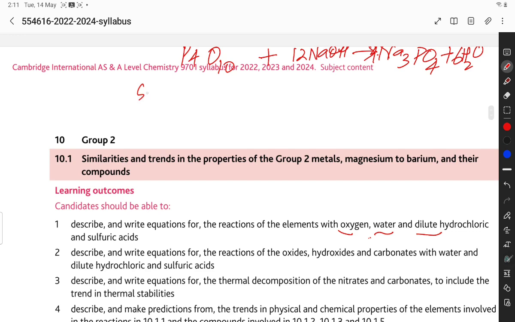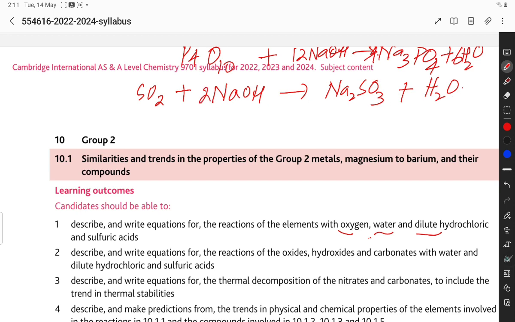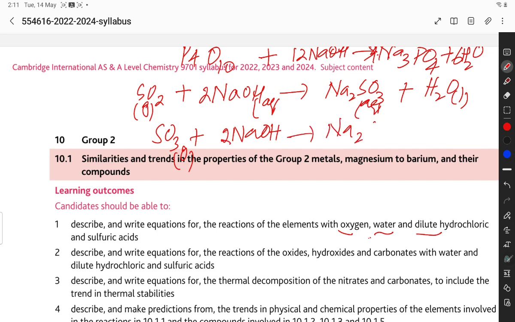Similarly, sulfur dioxide, as I have earlier told, dissolves in water to form sulfurous acid, and sulfur trioxide forms sulfuric acid. Sulfur dioxide is an acidic oxide, so it can react with sodium hydroxide to form Na2SO3, sodium sulfite, plus water. Similarly, sulfur trioxide reacts with sodium hydroxide to form Na2SO4 aqueous and water, as it is a strongly acidic oxide.